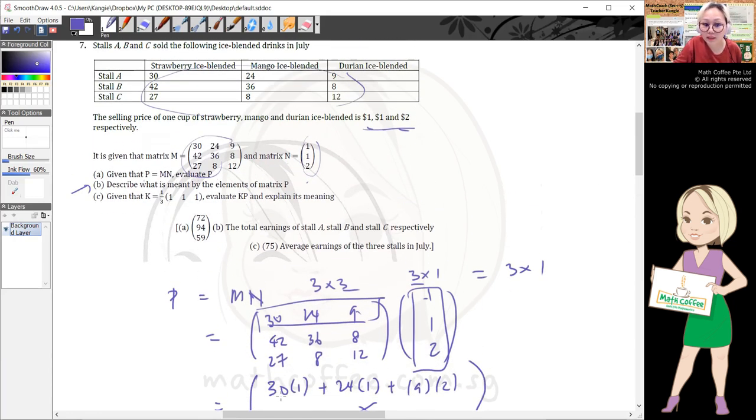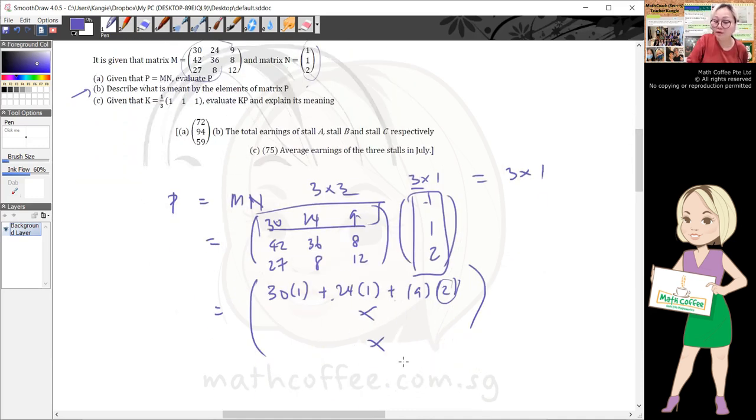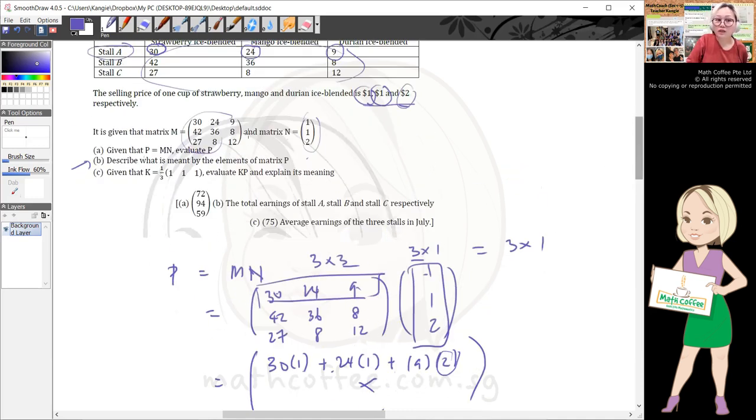They take 30 times 1 plus 24 times 1 plus 9 times 2. So what are they finding? They are finding the total earning for store A. You understand? So when it has 3 separate numbers, it means that it is the total earning for the 3 stores.